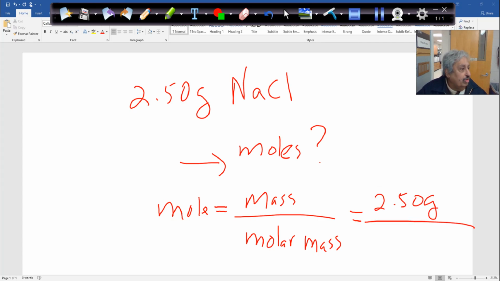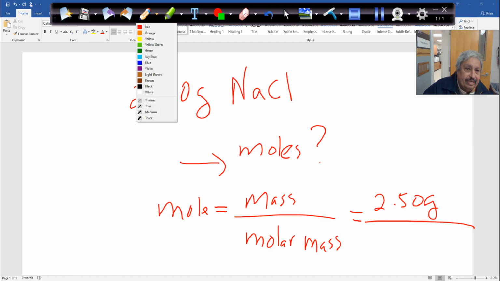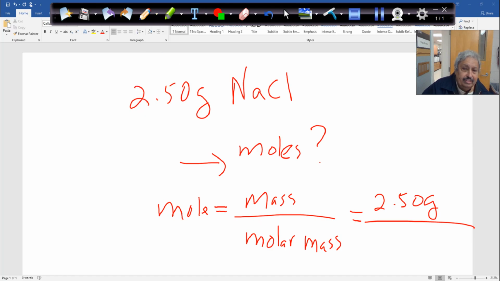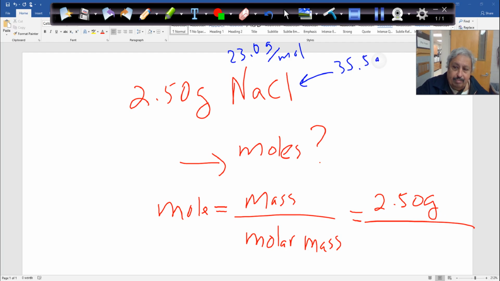How about the molar mass of sodium chloride? Well, you go and look at the atomic mass of each element. Sodium is 23.0 gram per mole, correct? Chlorine is 35.5 gram per mole.